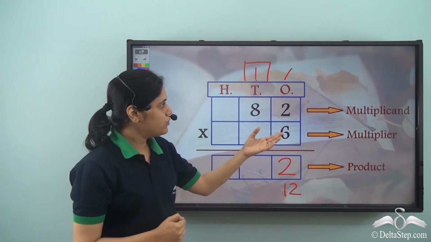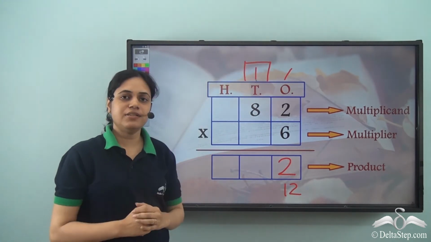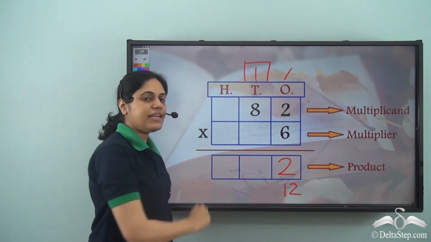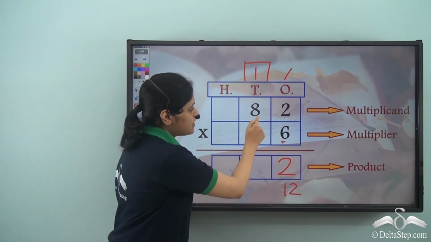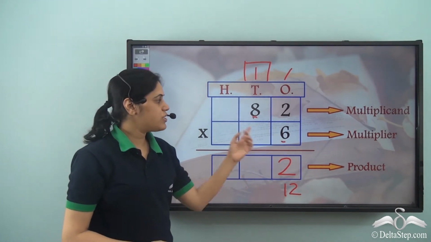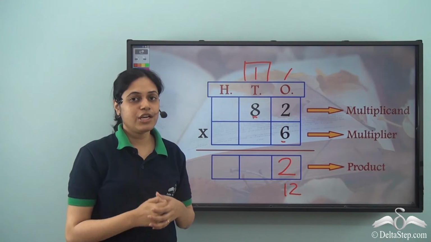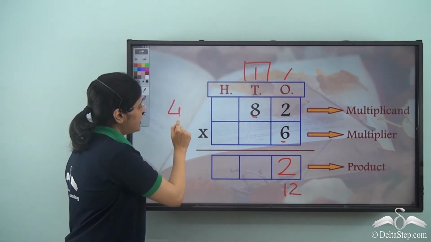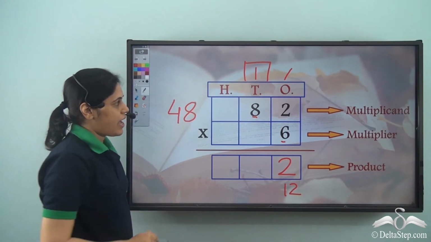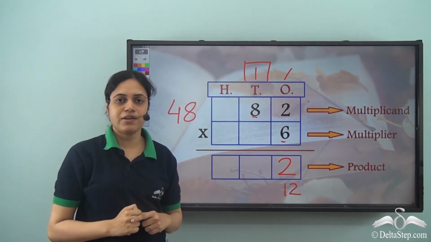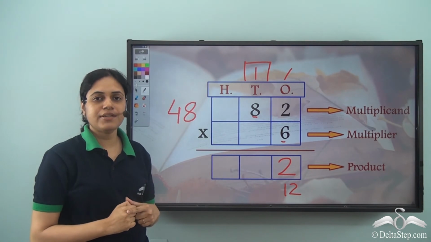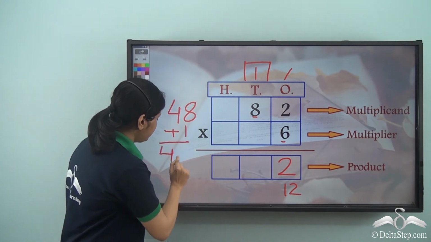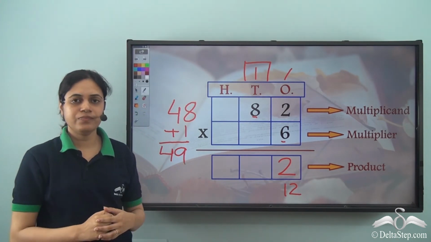Now what do I do? I don't consider this one right now. First, I need to multiply 6 and 8. So 6 into 8. What is 6 into 8? Recall the table of 6. 6 into 8 is 48. And now we take this one and add it to 48. So 48 plus 1 is 49.